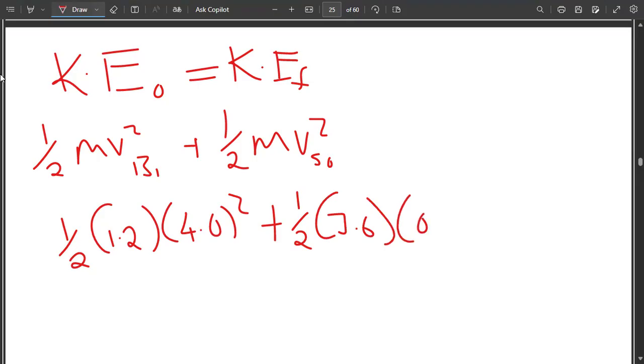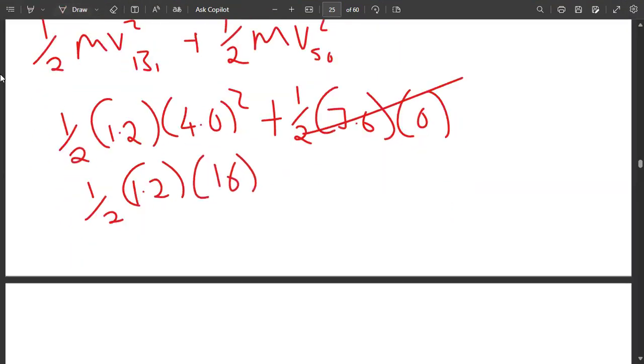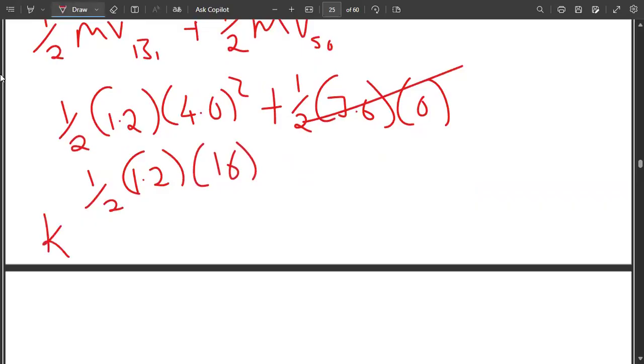The initial velocity of S was 0. So that means this part of the equation is taken out, and I'm remaining with half 1.2 multiplied by 16. This is going to give me the total initial kinetic energy, KE initial, to be equal to 9.6 joules.